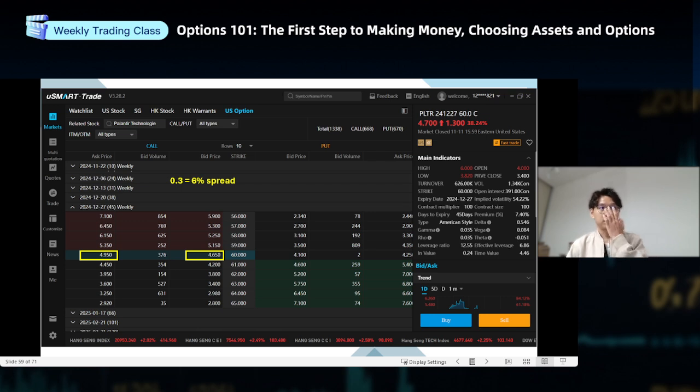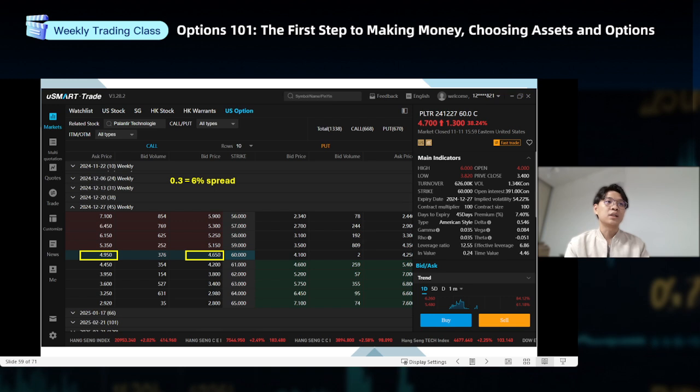What does it mean? It means if you want to get into the position right away, you will need to pay $4.95 and you have an immediate loss of 30 cents. The spread is around 6% in this case, which means that if you buy $100 for now, you will lose $6 immediately at the moment that you get into the position.